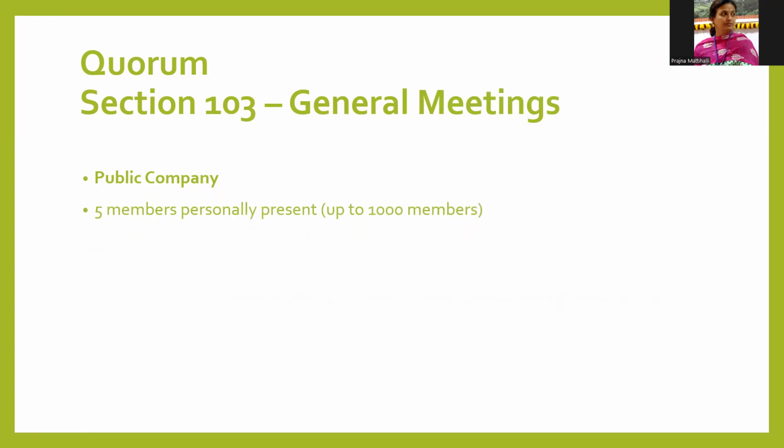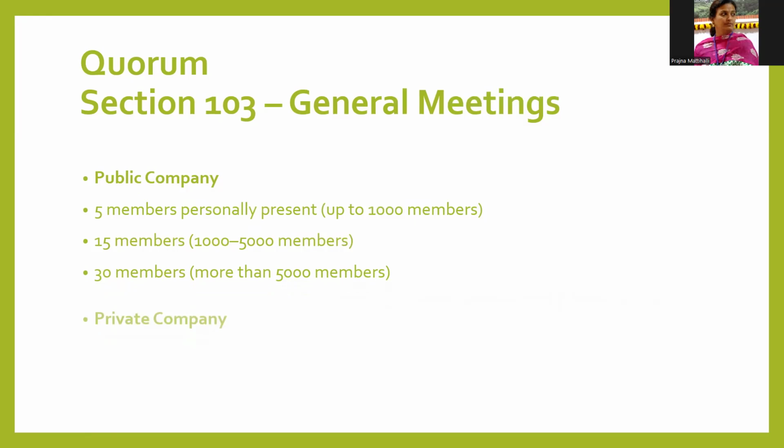Here, in case of a public company, 5 members minimum should attend the meeting. Up to 1,000 members also, minimum is 5. If the total members are more than 1,000, then the quorum is 15 members. At least 15 members should be present in the meeting. And if the members are more than 5,000, at least 30 members should be present in the meeting.